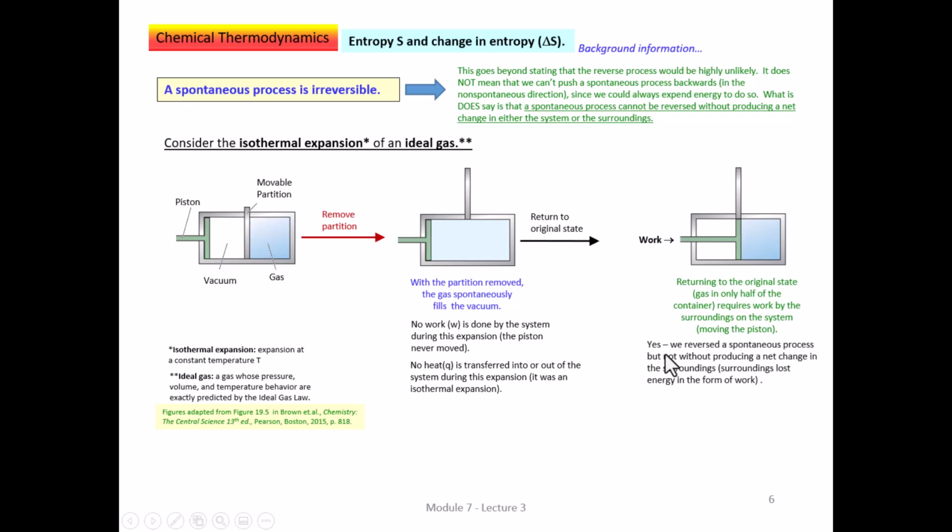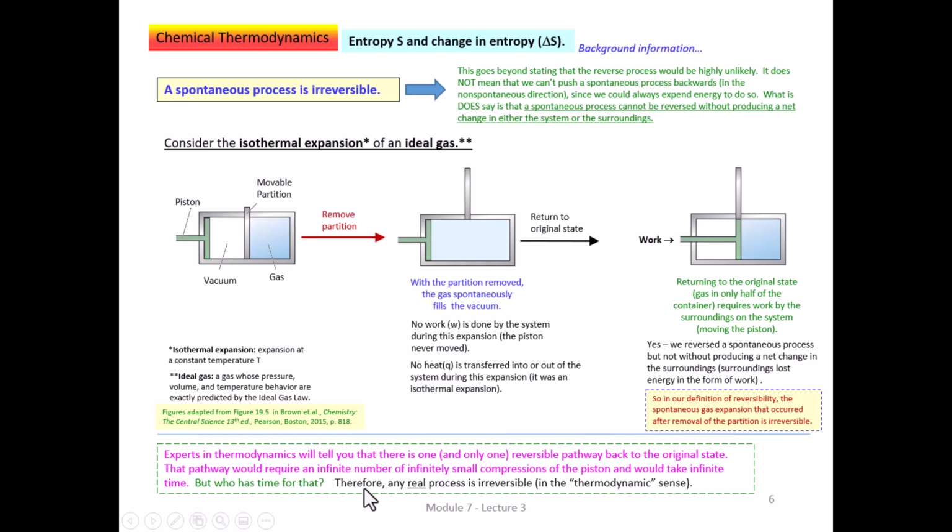So yes, we reversed a spontaneous process, but not without producing a net change in the surroundings. The surroundings lost energy in the form of work. So in our definition of reversibility, the spontaneous gas expansion that occurred after removal of the partition is irreversible.